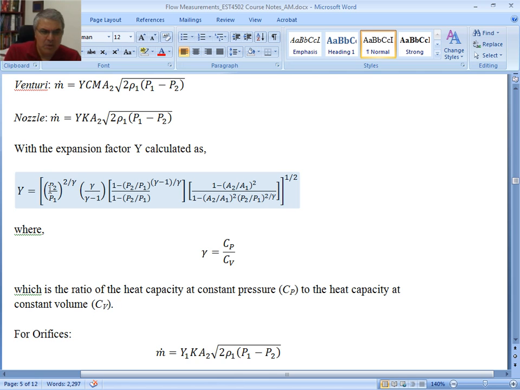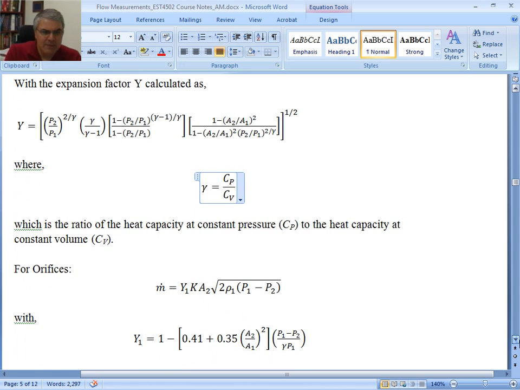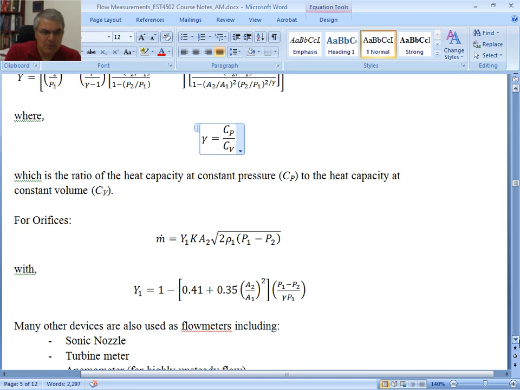In this equation, the only thing that you haven't seen so far is the gamma. The gamma is nothing but the ratio of C sub P over C sub V. C sub P is the heat capacity at constant pressure, and C sub V is the heat capacity at constant volume. They are given for different situations, and we use them to our advantage to calculate gamma. If we are using this equation for an orifice, we are bringing in Y1.